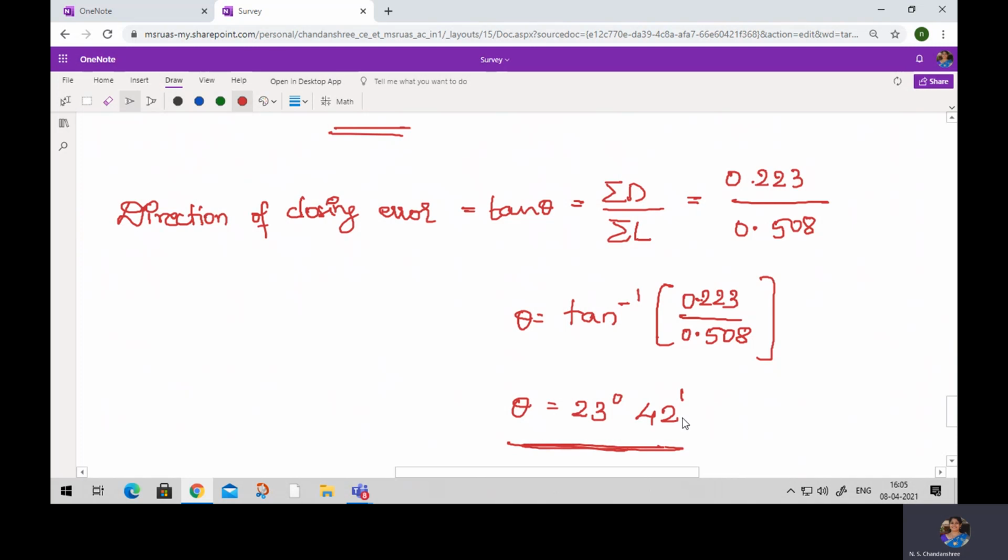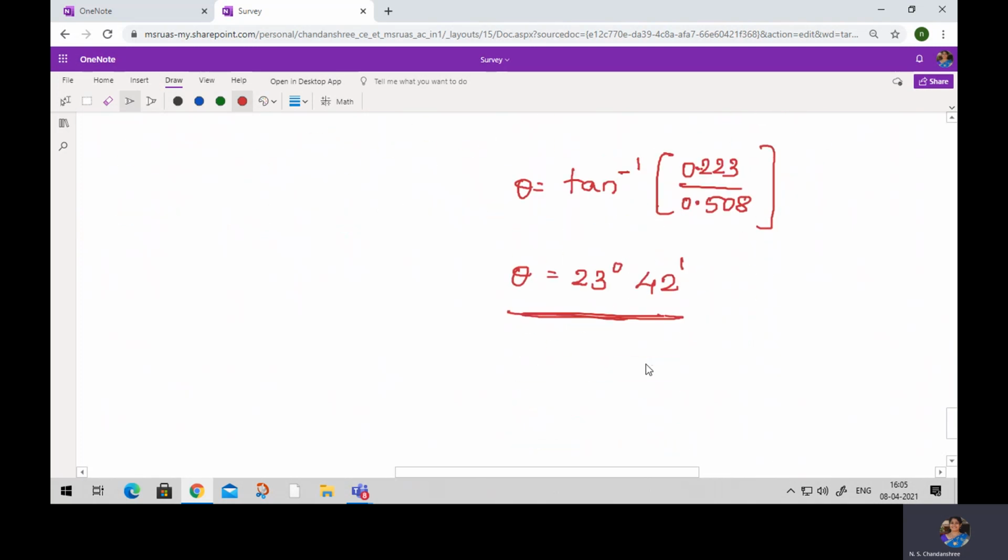The answer for theta will be in the whole circle bearing system. So this is about the Bowditch rule, and this is how we balance the traverse using the Bowditch rule.